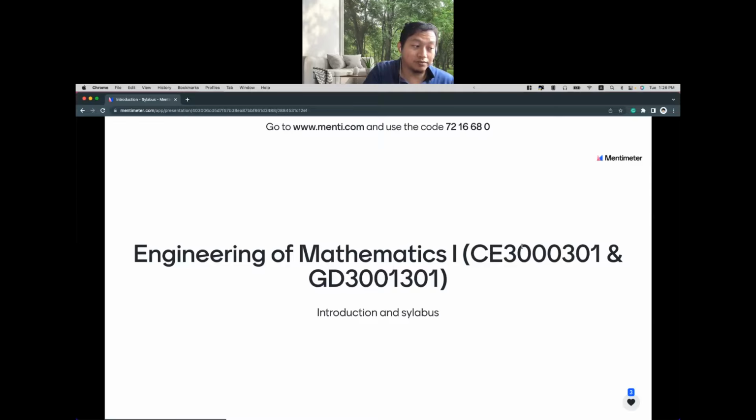If you have friends from outside of your department who would like to join this class, you need to confirm whether he or she wants to take the CE code or the GD code. But both codes are the same course.